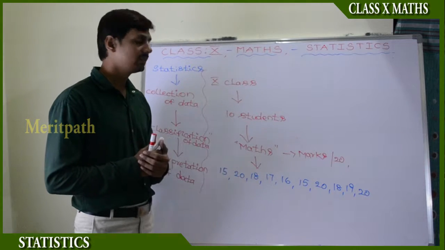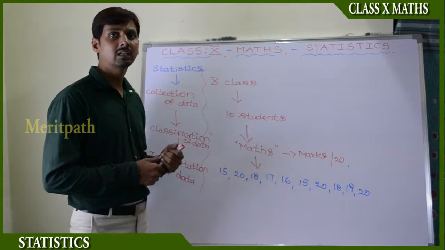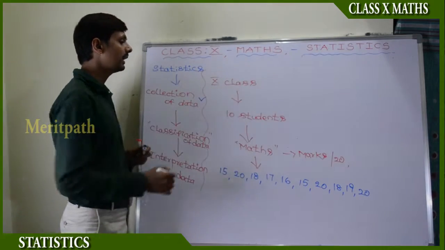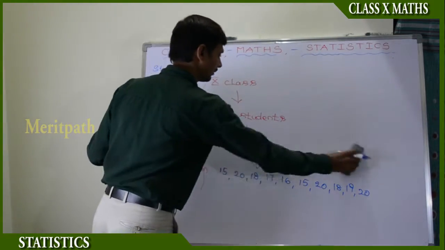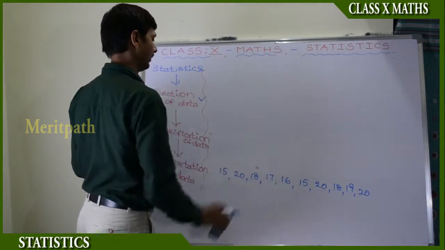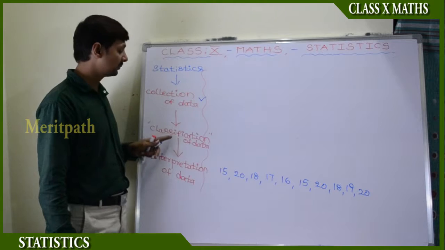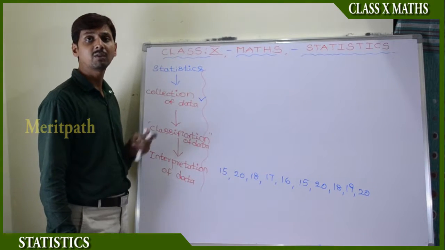Let's take these marks of the students. We have collected the information and the first step is completed. These are the marks of the students. Let us classify them into some groups.